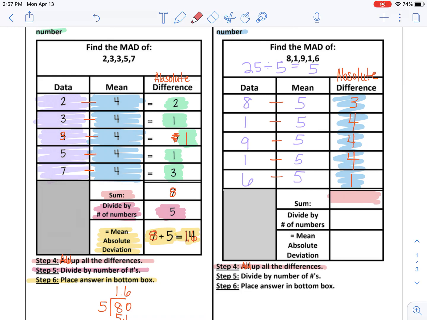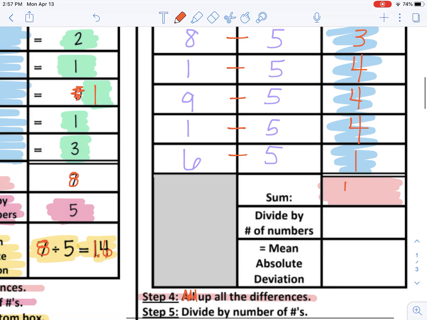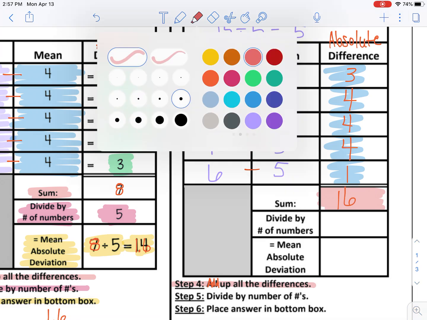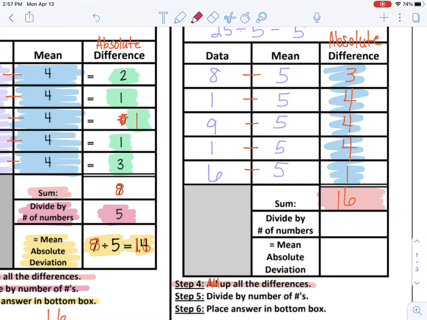And we're going to put that sum right there. So 3 plus 4 is 7. 7 plus 4 is 11. 11 plus 4 is 15. And 15 plus 1 is 16. We're going to divide by however many numbers are in the set for step 5, and we're going to put it right here.